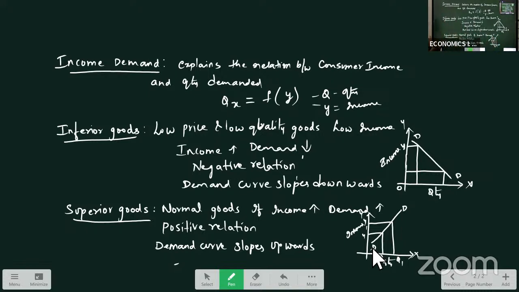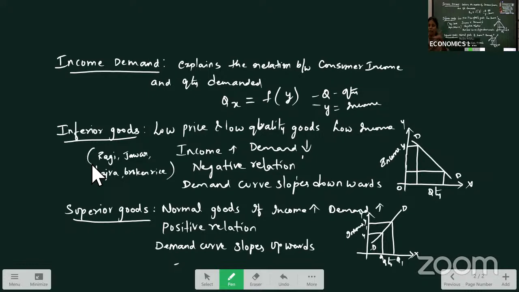So when you write this answer, try to give examples. For inferior goods, we can take ragi, jawar, bajra, broken rice. You have to write the examples also. See, an inferior good depends upon the income level of the people.